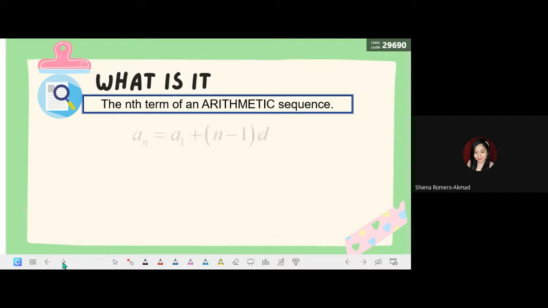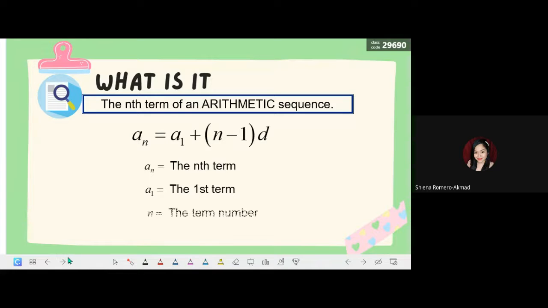Now, what is the nth term of the arithmetic sequence or general term? This is the general term. As you can see earlier, ano ba yung meaning ng mga symbols dyan? Yung a sub n natin, ang tawag natin sa kanya, is the nth term. So, a sub 1 is the first term, and si n ay yung term number, yung nakasub dito.